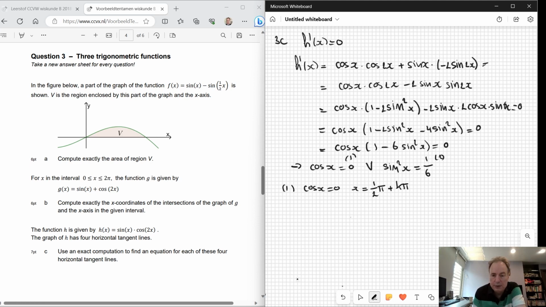That's basically the projection on the x-axis has to be 0. So it happens here and pi further, etc.